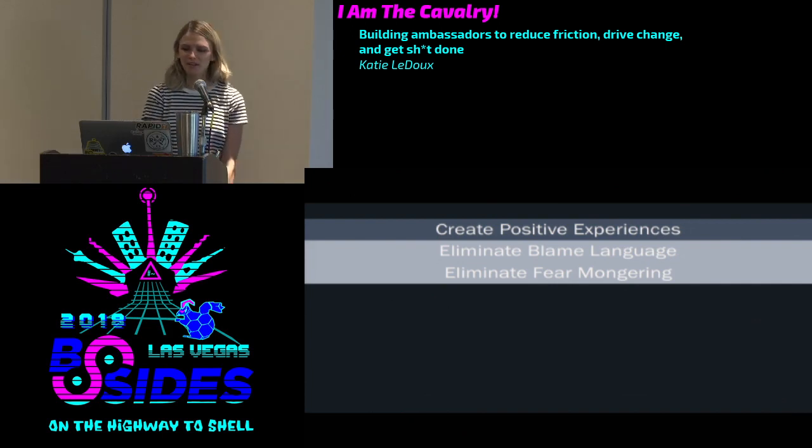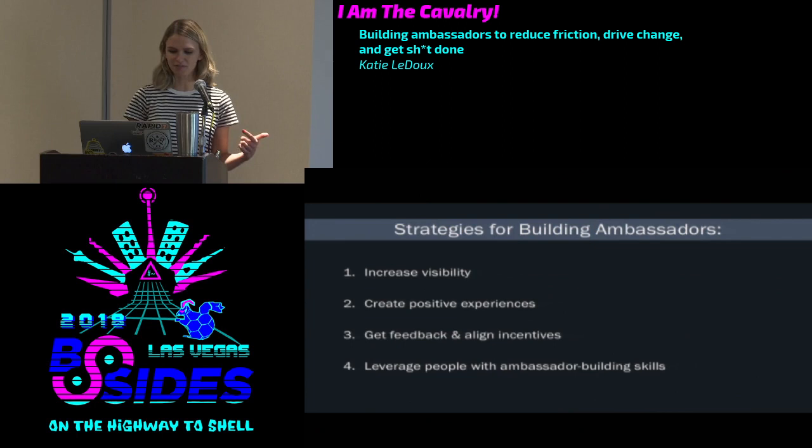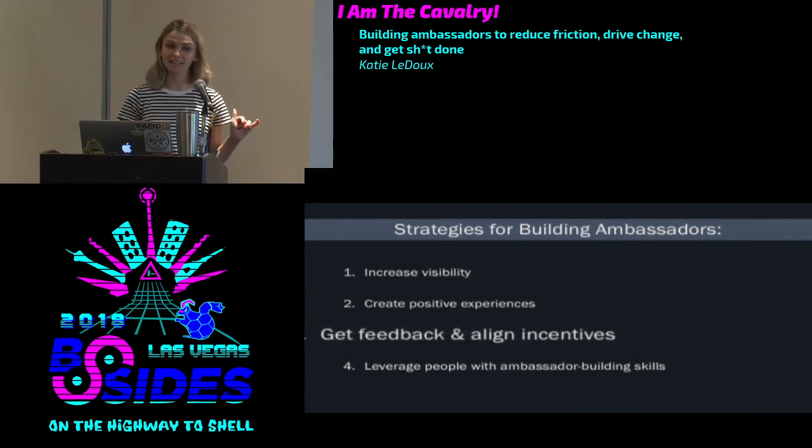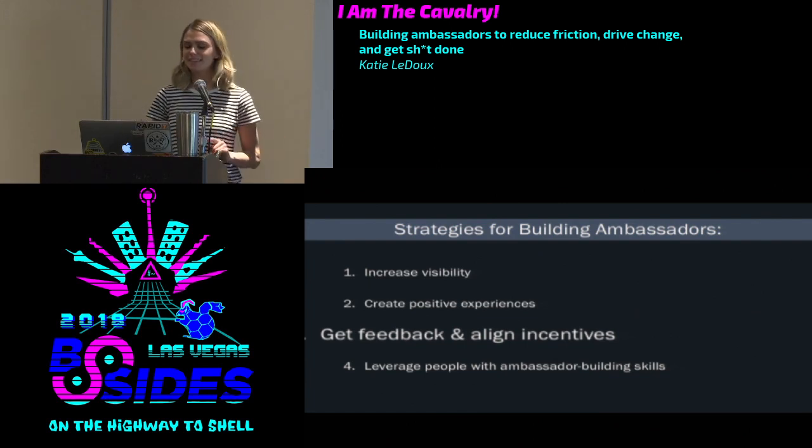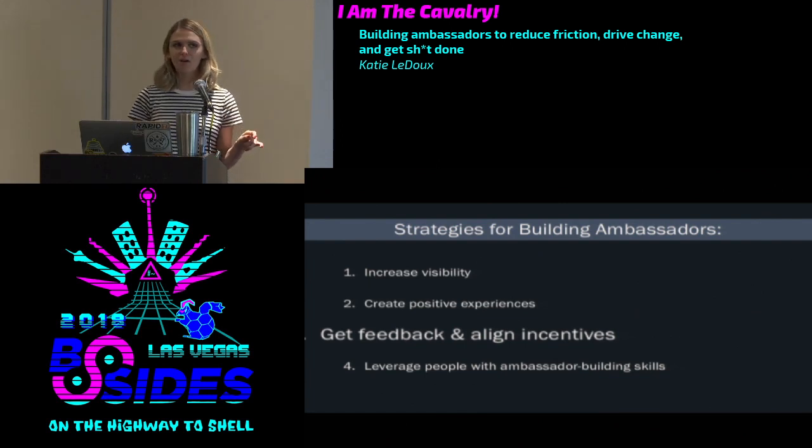Yeah, okay, it's wild how this keeps happening, but I actually feel like that segues really well into this next concept. This topic of how we get feedback and aligned incentives.